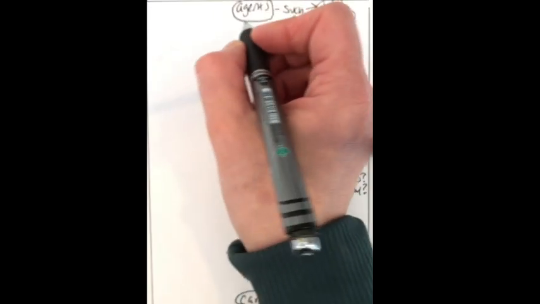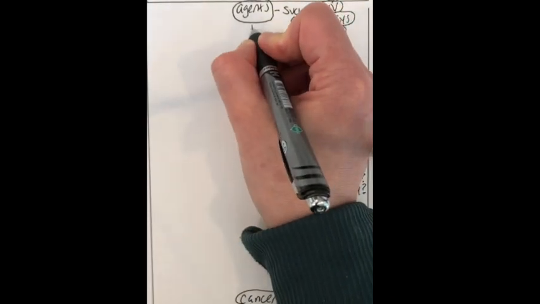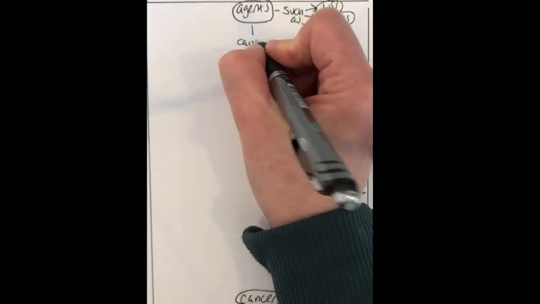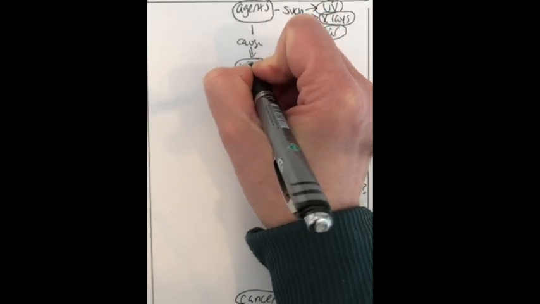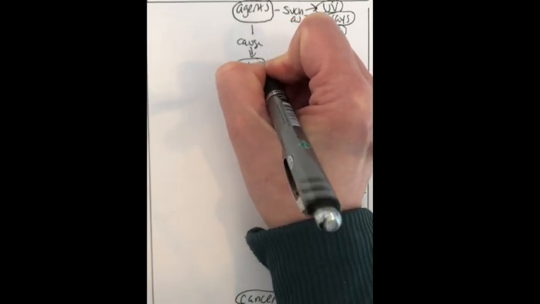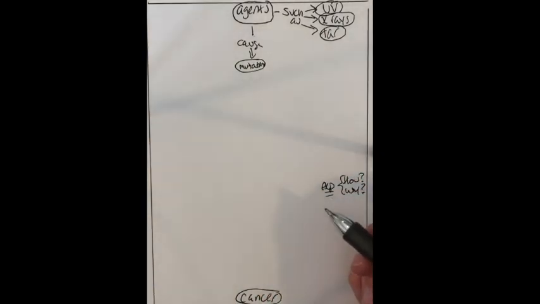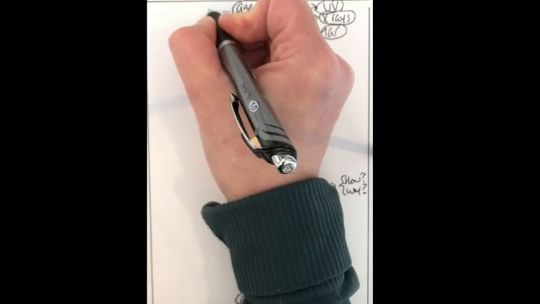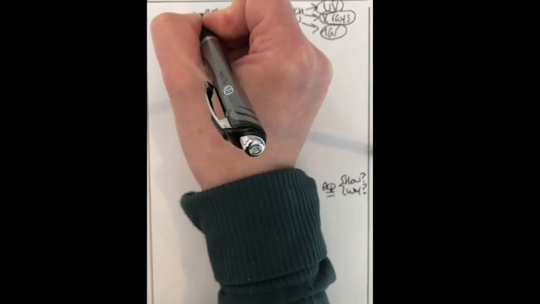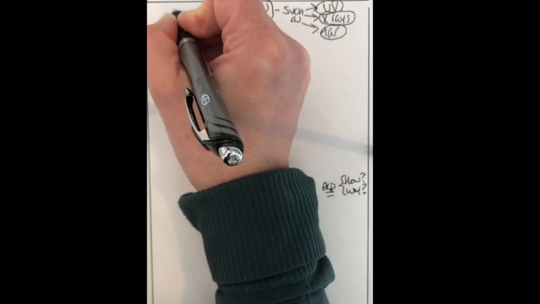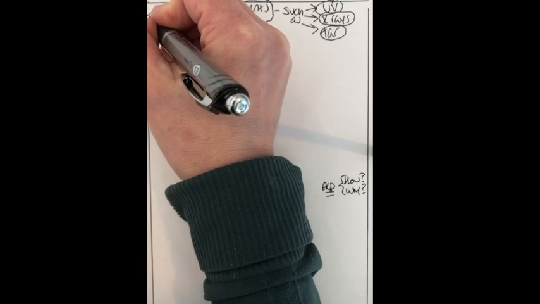Okay, so these agents, what do they do? These agents cause mutations. Sorry, I'm writing so small, but I want to get this all in. Factors or agents that cause mutations are called mutagens.